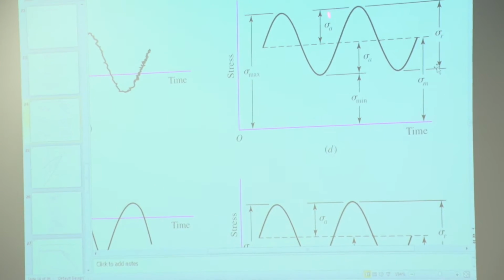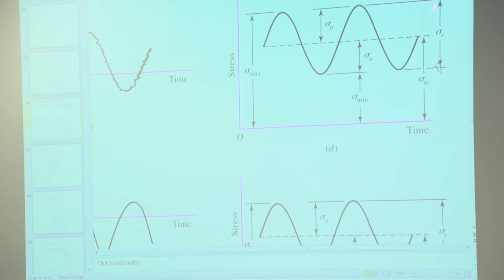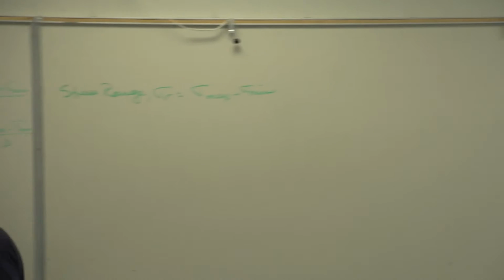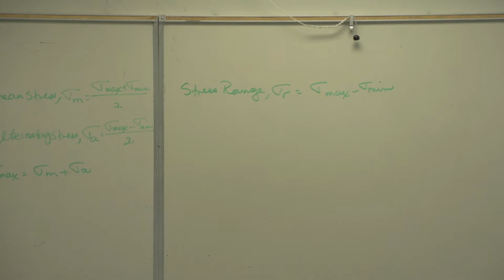Alternating. We also define stress range, sigma r. Just sigma max minus sigma min, what the name implies, the range of values of the stress.